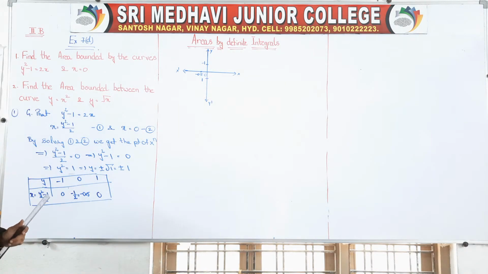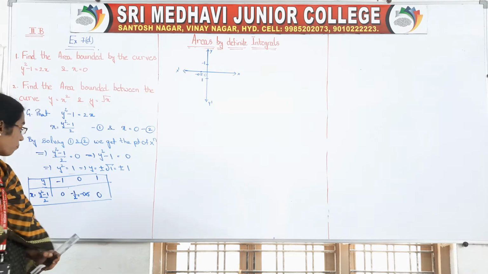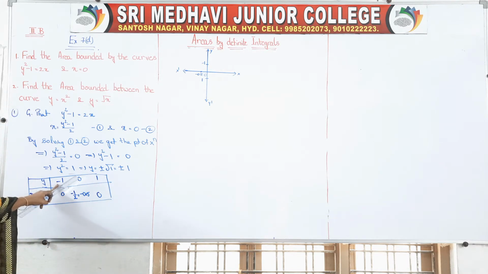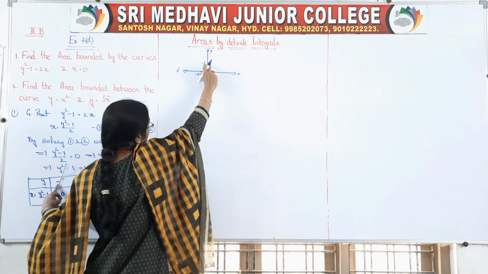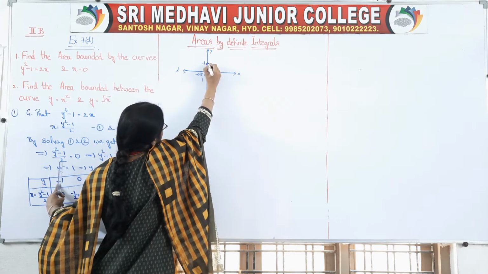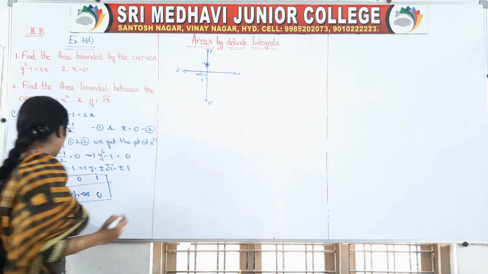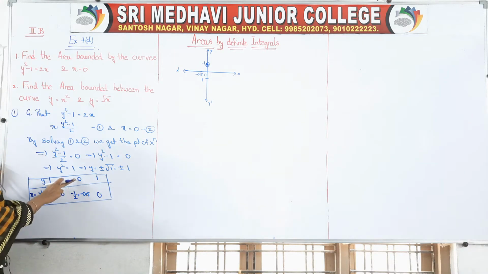First look at minus 1 at 0. The y coordinate is minus 1 and the x coordinate is 0, which means the point lies on the y axis. Next, the y coordinate is 0 and the x coordinate is minus 0.5.